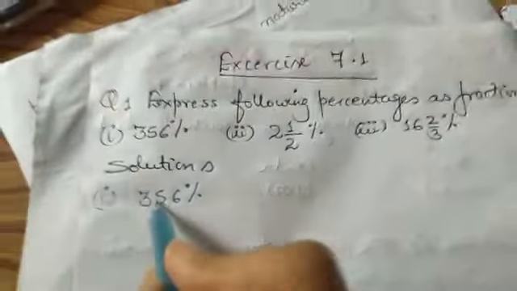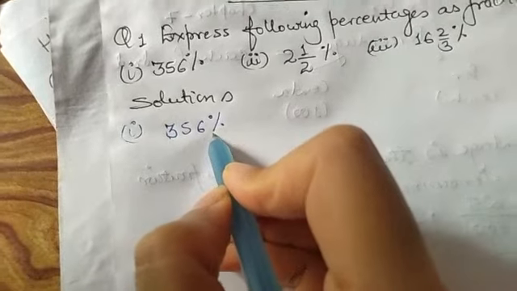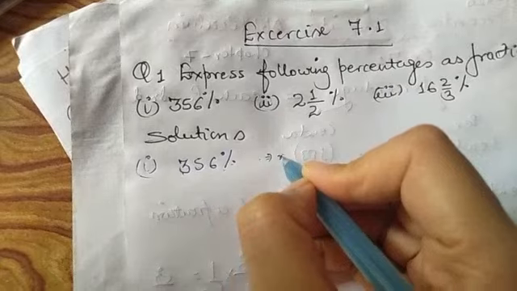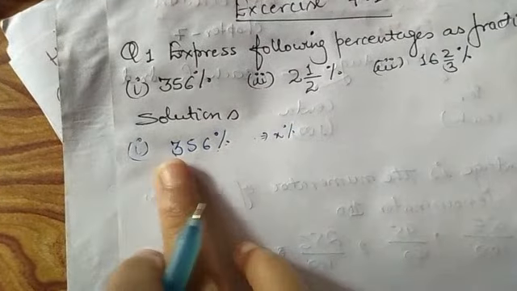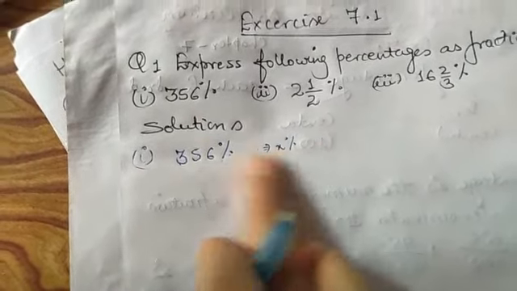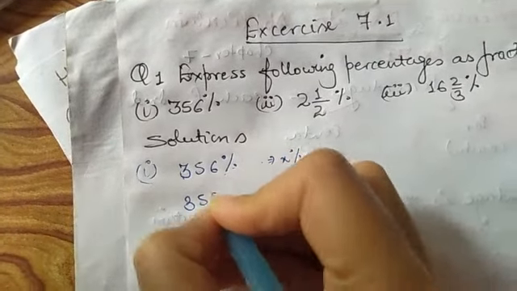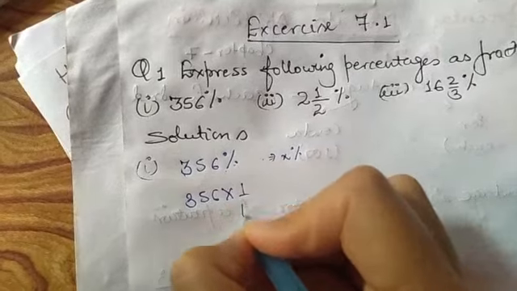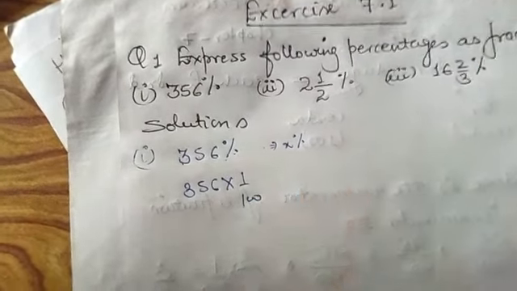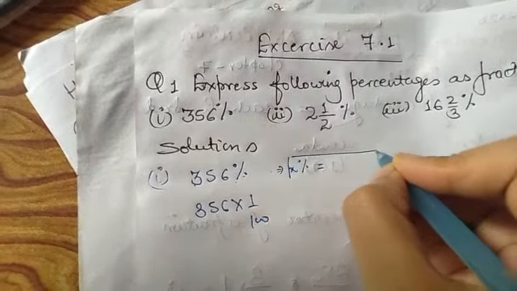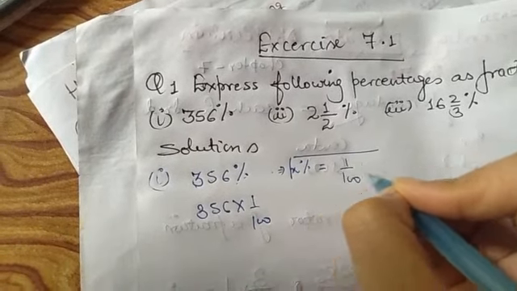So suppose 356 percent, we can see this as x percent. This is the x value and this is the percentage sign. I can easily write it as 356 into 1 upon 100. As I told you in the note, x percent is equal to 1 upon 100 into x.